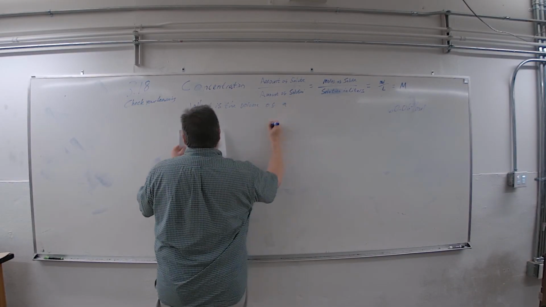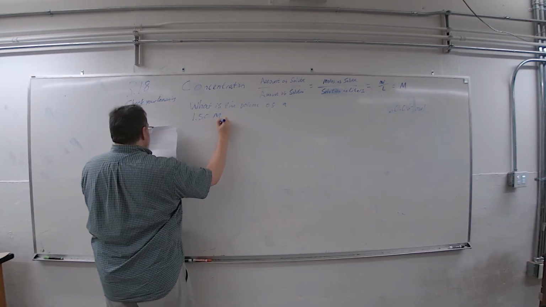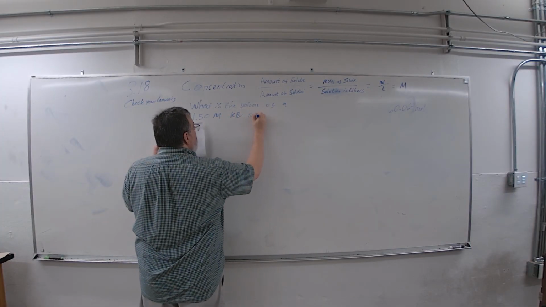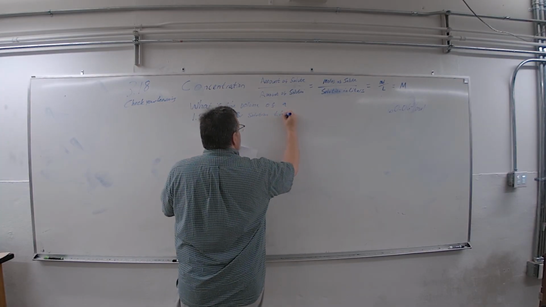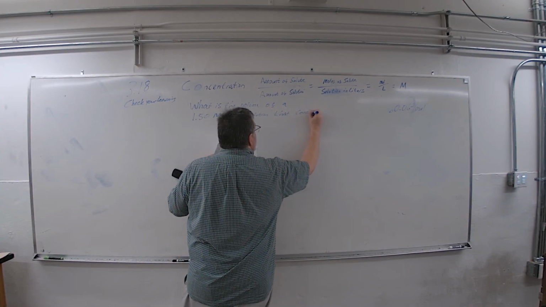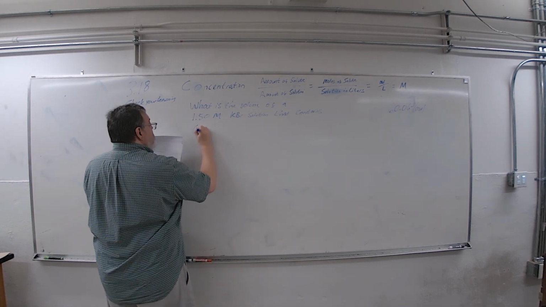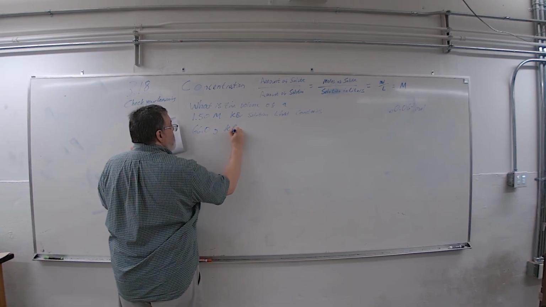What is the volume of a 1.50 molar KBr solution that contains 66 grams of KBr?